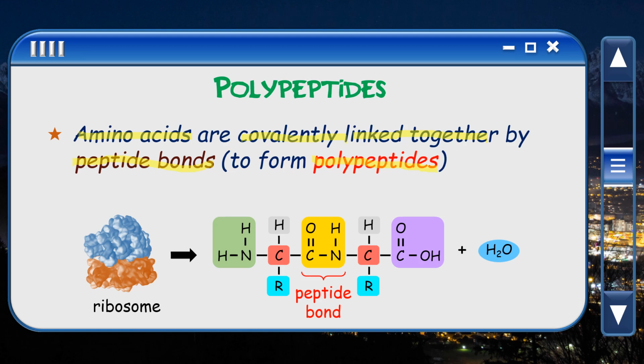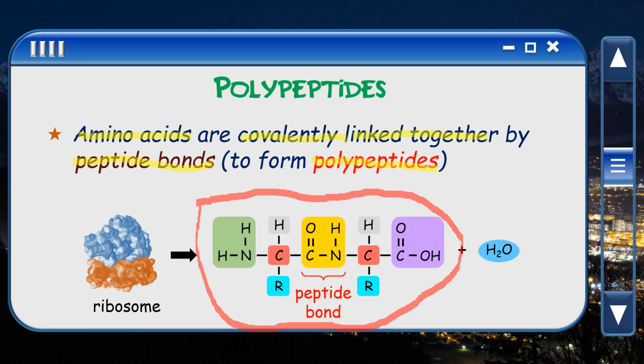Looking at our structure here, this is a dipeptide. If you cut it in the middle, on one side we have an amino acid, and on this side another amino acid. Where we are seeing yellow here is where we have our bond, which we refer to as the peptide bond.